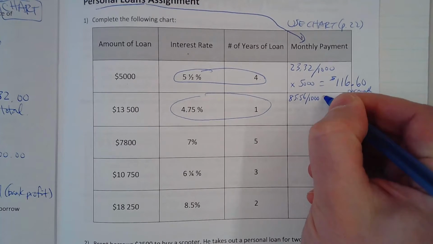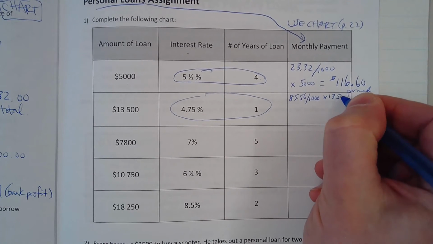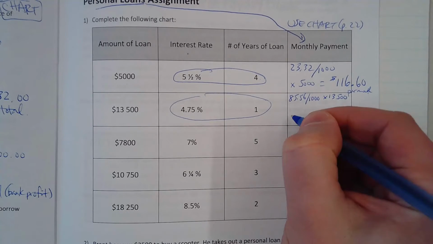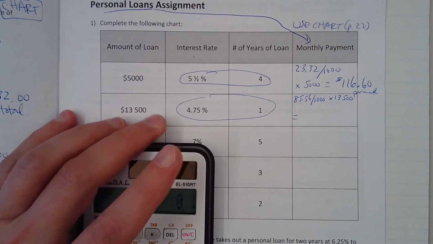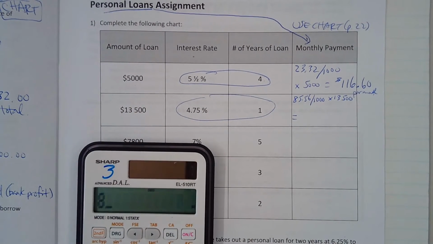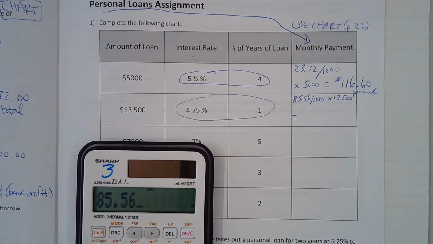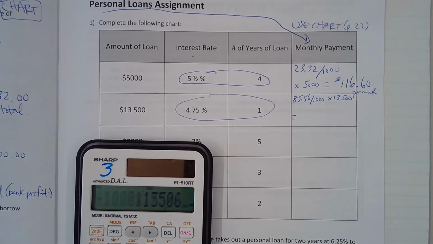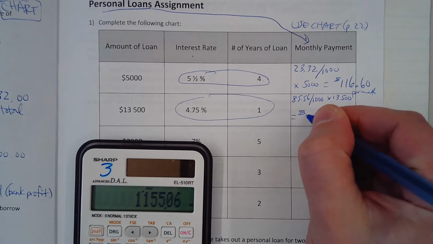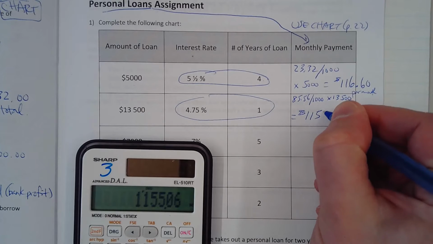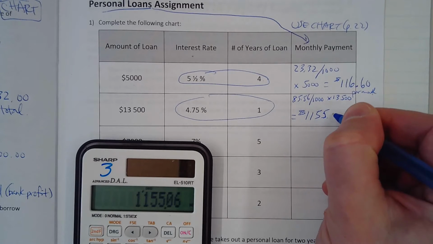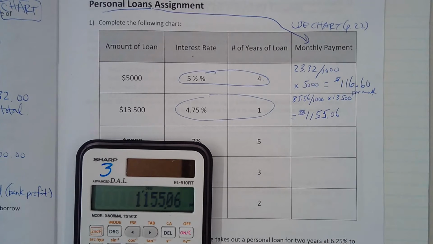Per thousand times 13,500 equals $1,155.06 per month.